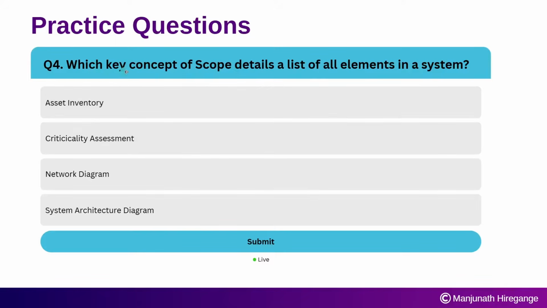Question number 4. Which key concept of scope details a list of all elements in a system? Options are asset inventory, criticality assessment, network diagram, system architecture diagram. So this is a pretty straightforward question. Sometimes you can expect straightforward questions, and some are trickier.